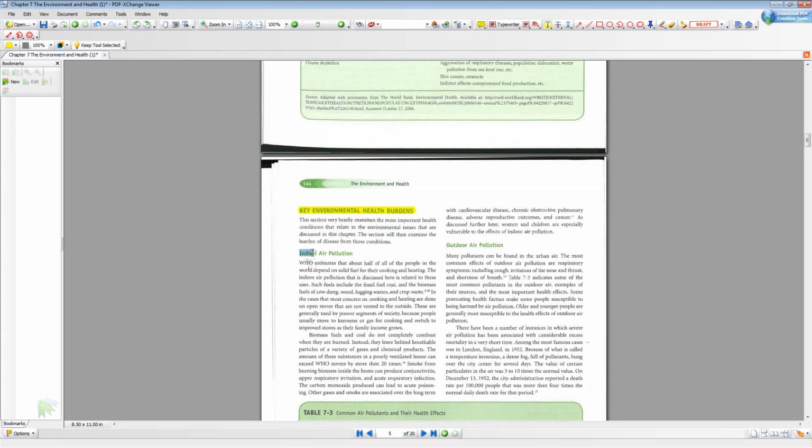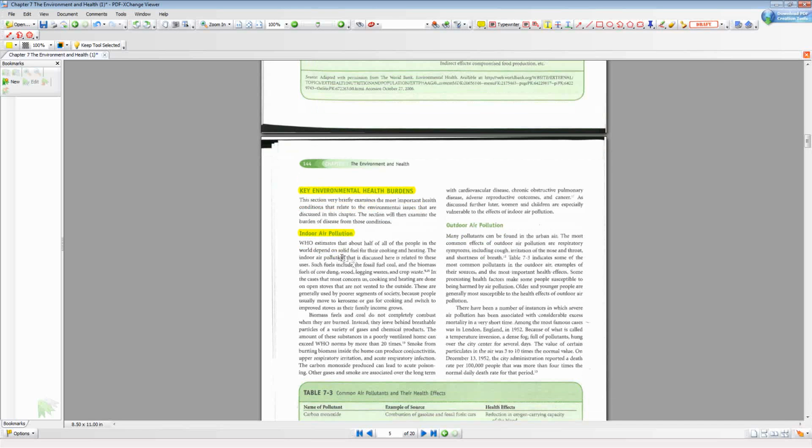So we're going to start talking first about indoor air pollution. It's estimated that about half of the people in the world, or about 3 billion people, use inefficient stoves to cook their meals. And oftentimes they use these solid fuels for their cooking and also for their heating.